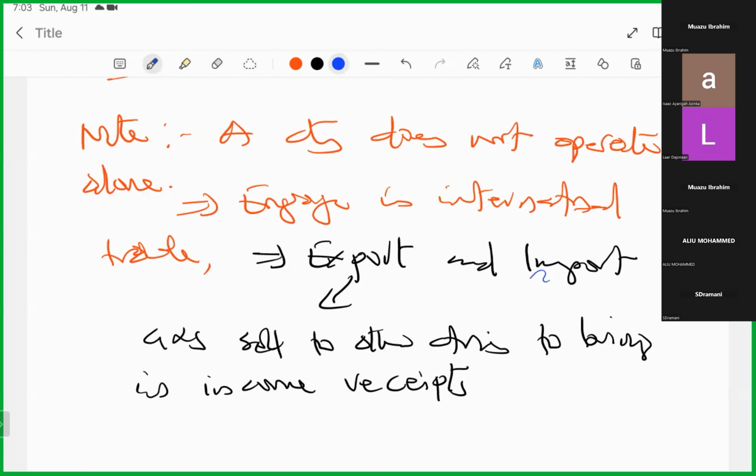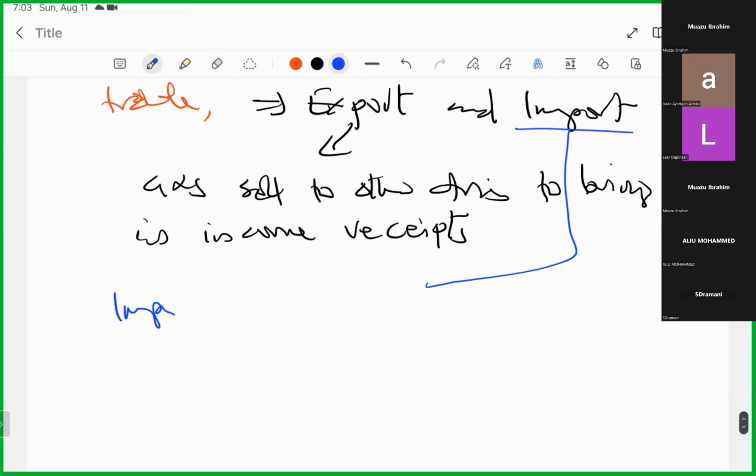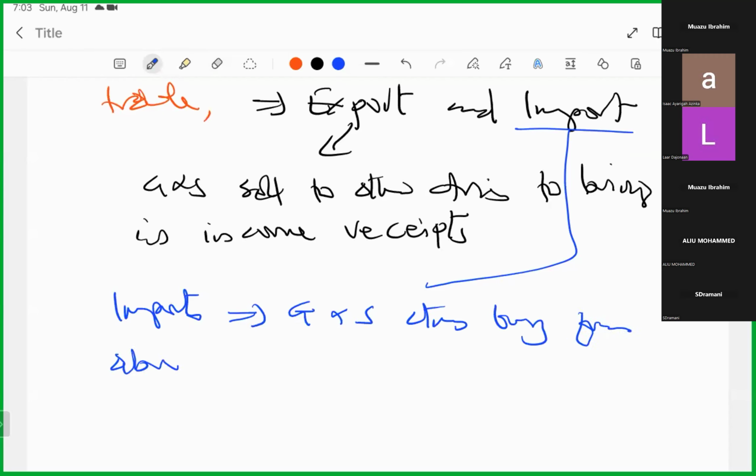And by imports, we are looking at the goods and services countries buy from abroad, and payments made.